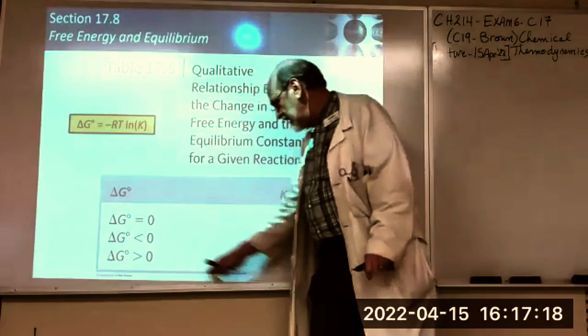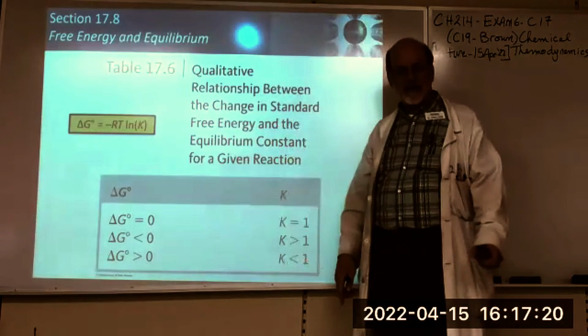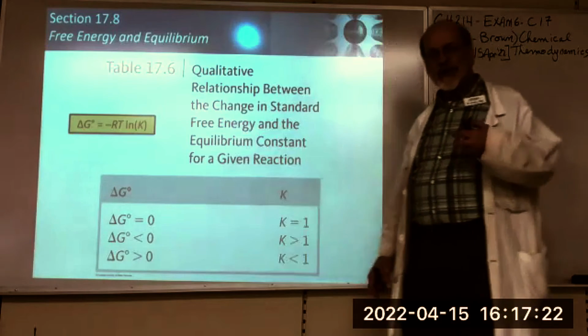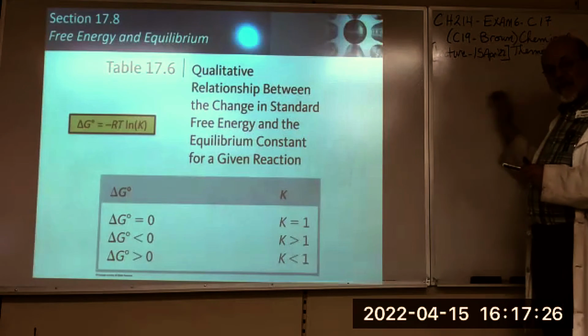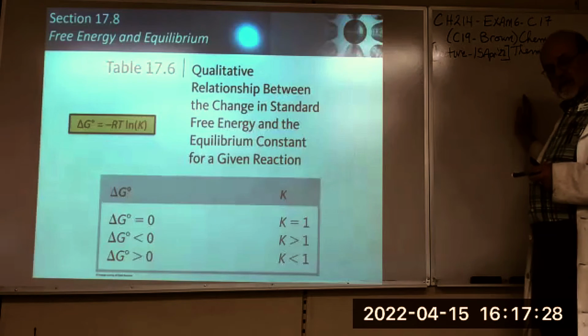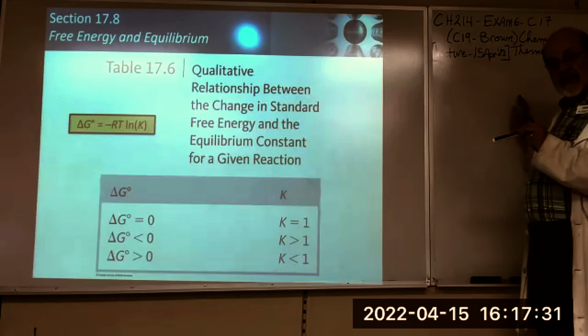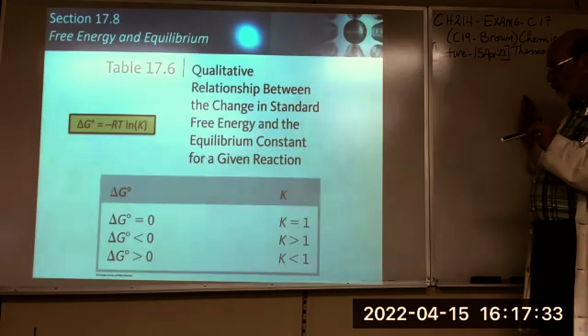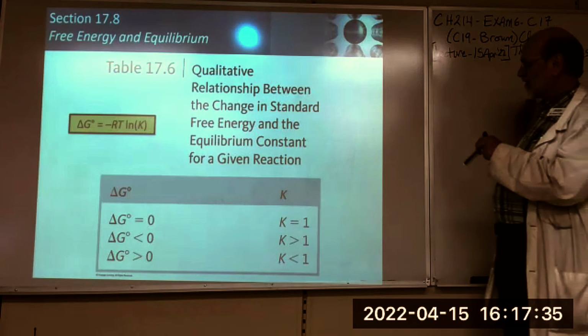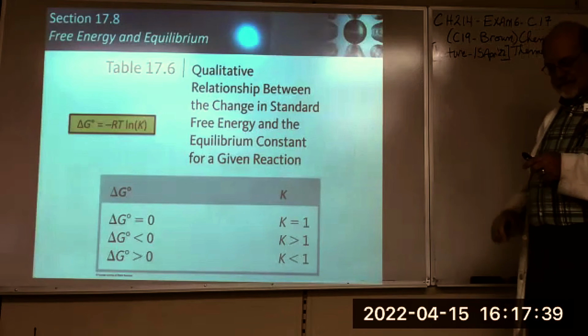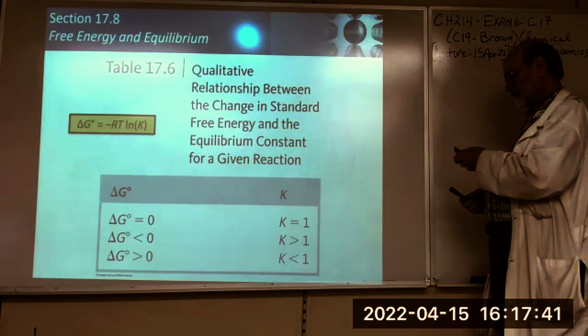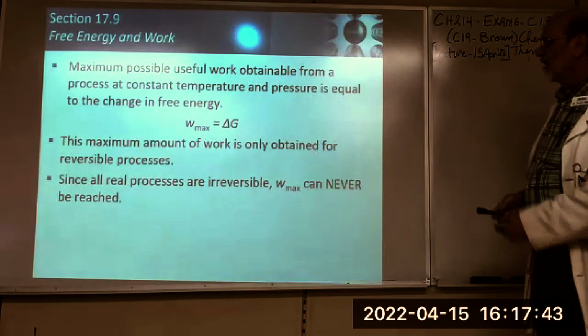If it's not spontaneous, then K is less than 1. So we can infer from K that if you're going from reactants to products, if the products are favored, then it should be spontaneous if K is bigger than 1. But if K is less than 1, then the reactants are favored and it's not spontaneous. Okay.